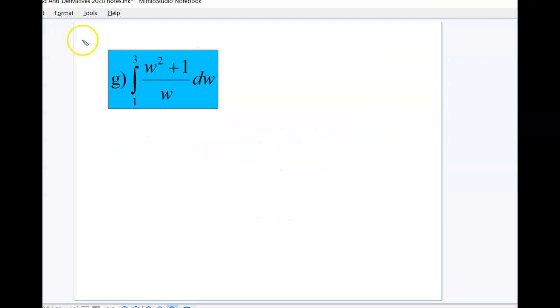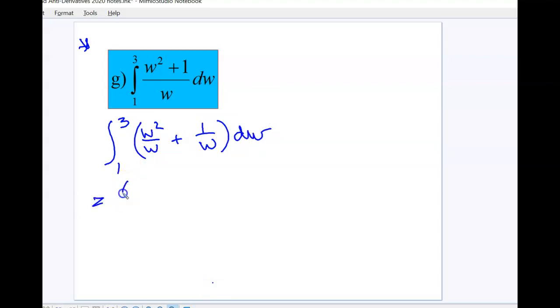Okay, this one here is a little bit tricky. So the first thing you need to do is divide each term in the numerator by the denominator. So this is the integral from 1 to 3 of W squared over W, which is W, plus 1 over W, with respect to W. And now I can integrate.